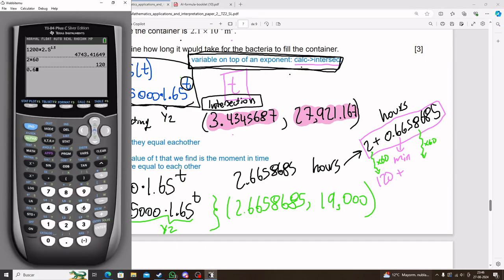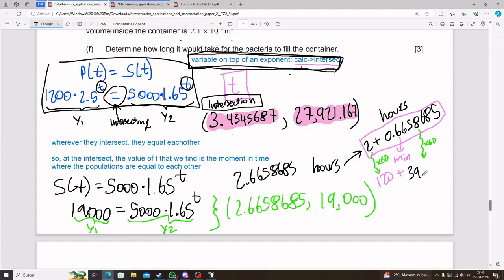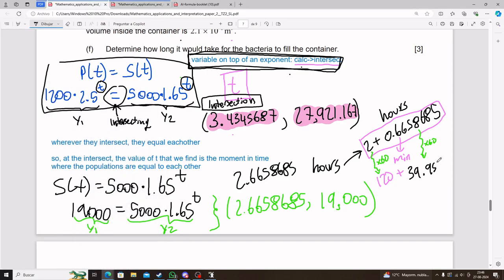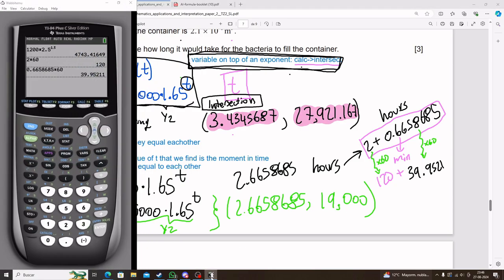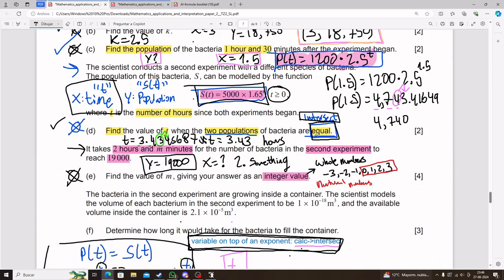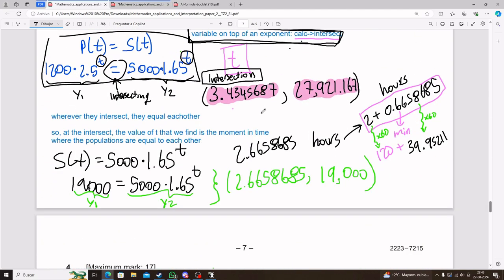So 0.6658685 times 60, there it is. So that would be 120 minutes plus 39.95211 minutes. See? Now, because they wanted an integer value, we will be rounding up using significant figures and stuff like that.